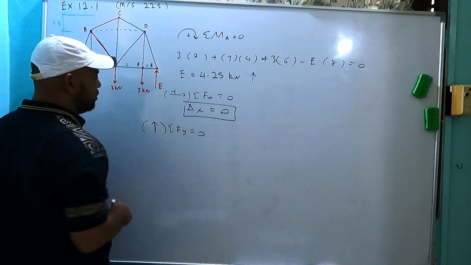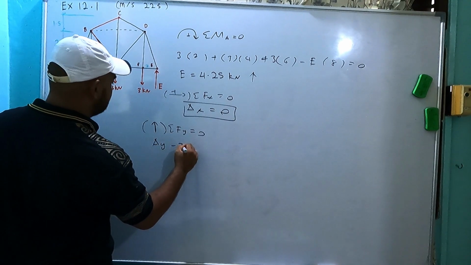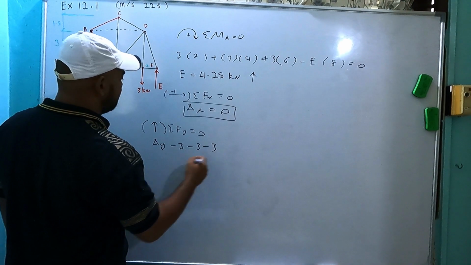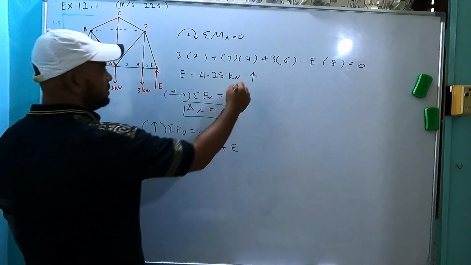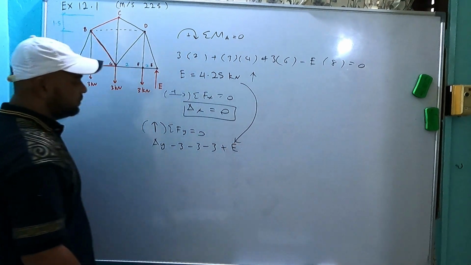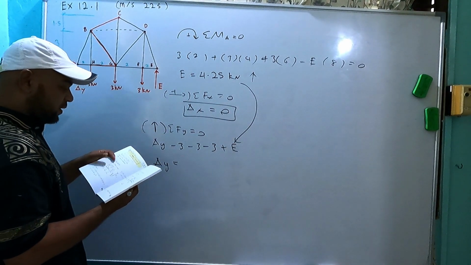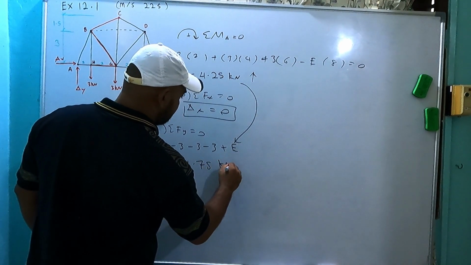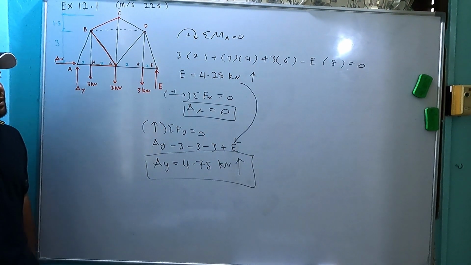Let's say upward is our positive, so we have AY minus 3 minus 3 minus 3 plus E, which is the value of E. You have AY equal to 4.75 kilonewton. Positive means the same direction as assumed.